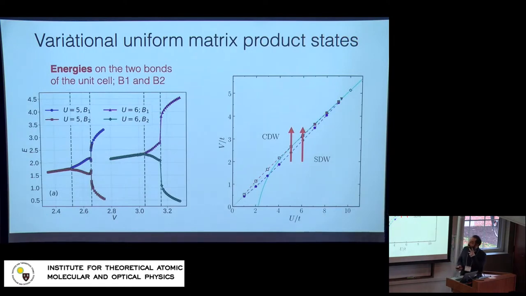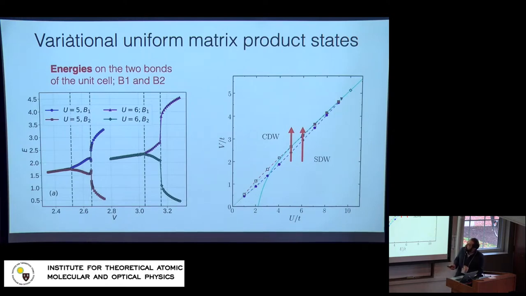So these are results directly from this VUMPS technique. Now you can imagine that in your unit cell you have 2 sites and 2 bonds, and you can measure the energy on each of those bonds. That's what I'm showing here for 2 different values of U. So this is U equal 5. Here I'm going from SDW up, crossing these boundaries and going to CDW.